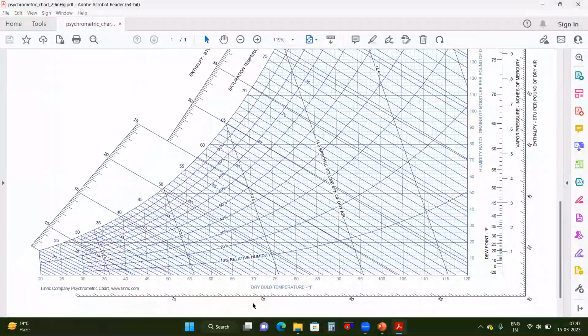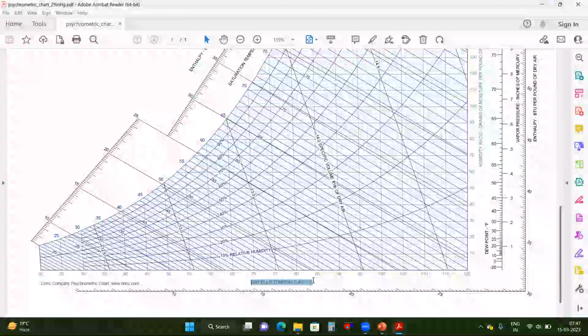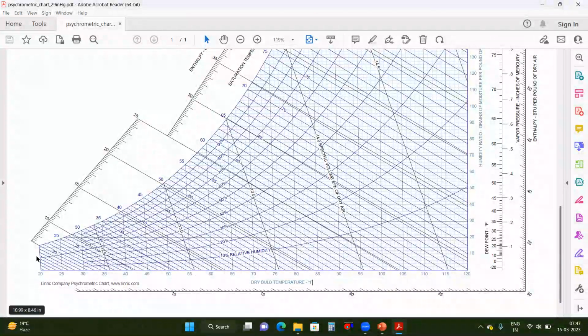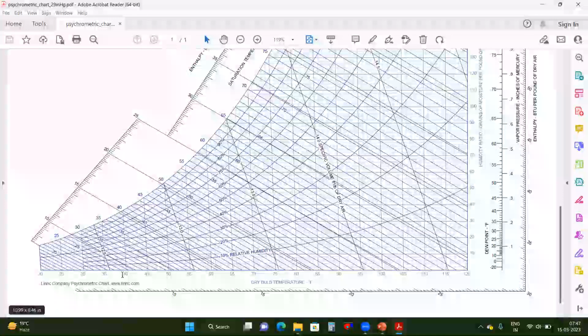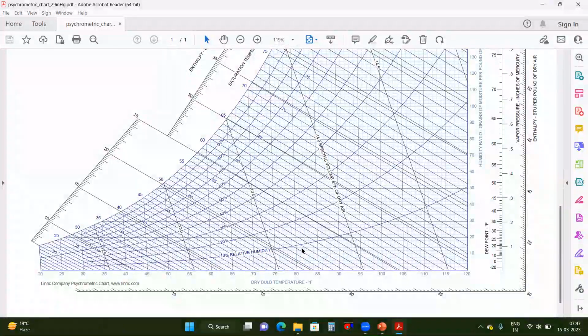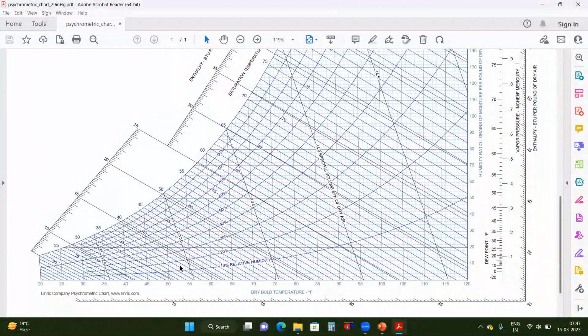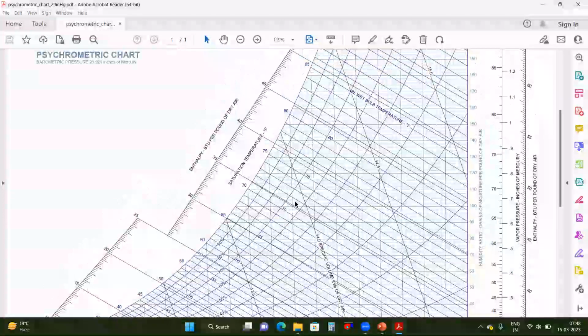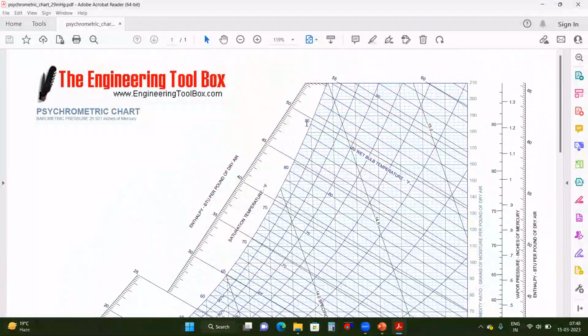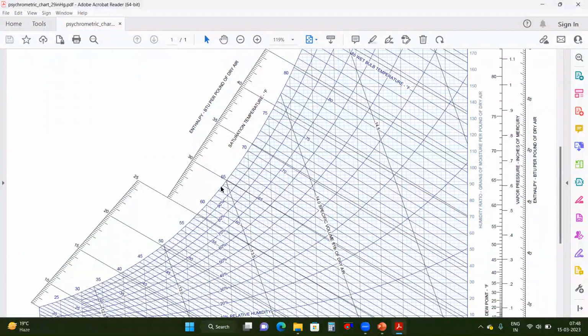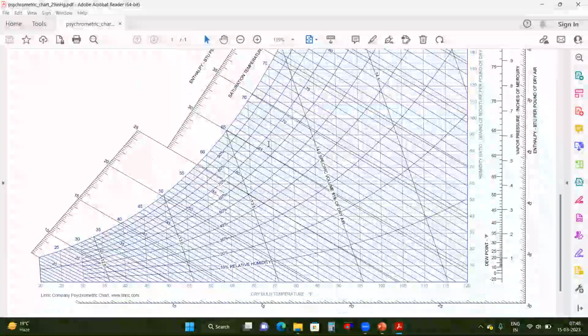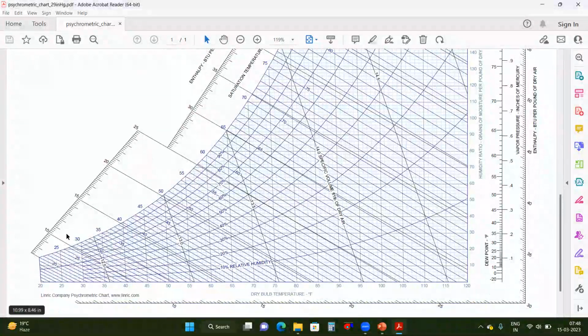So you can see here, this is the dry bulb temperature, and these are the lines 20, 25, 30, 40, 50, 60, 80, 100 and till 120. Next one is wet bulb temperature. We can see these are the wet bulb lines: 85, 80, 75, 70, 65, 60. Okay. So till we have 25.